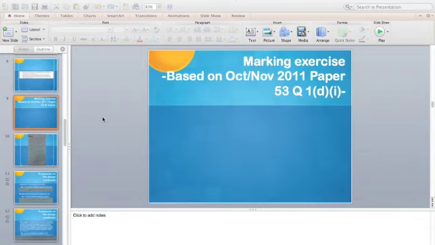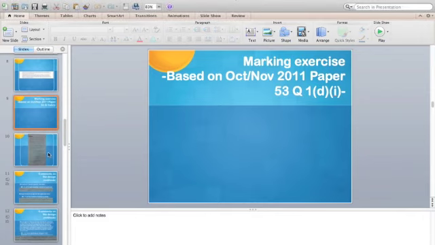This is the marking exercise we did in the classroom. Not much time was spent here. Basically, we were given time to go through the paper and mark it ourselves first, and then Christine took over by explaining a few things. These are the things that I managed to capture.